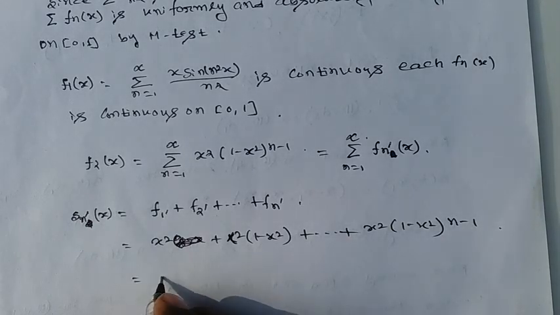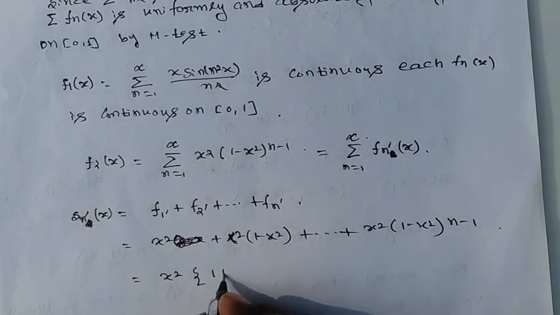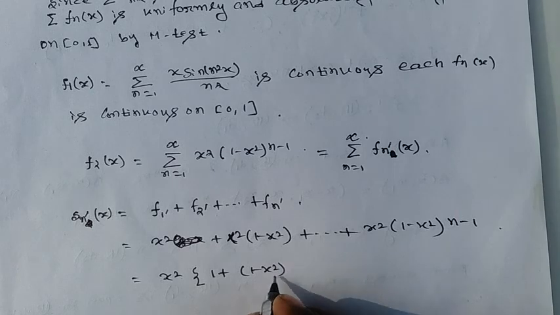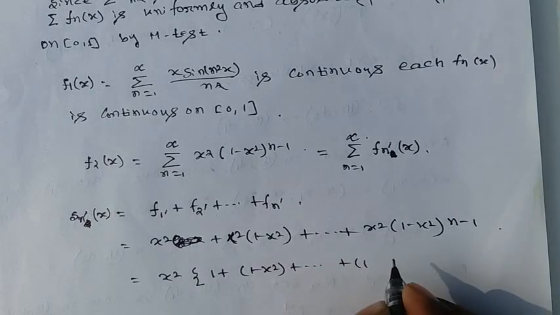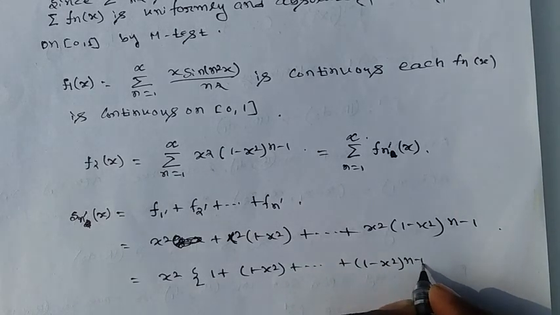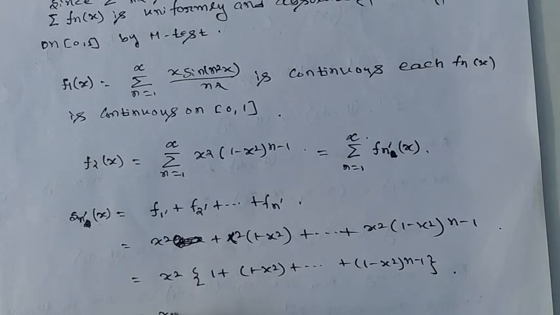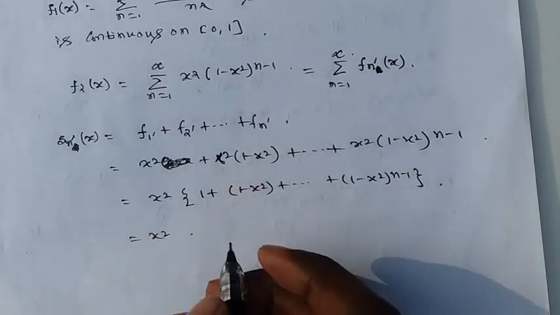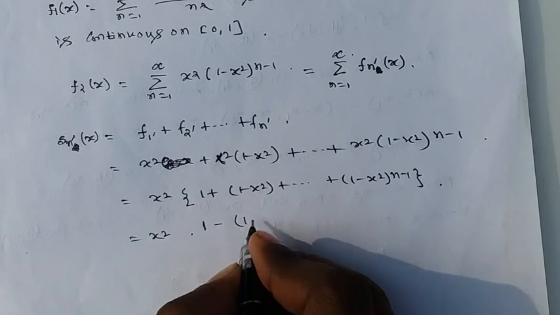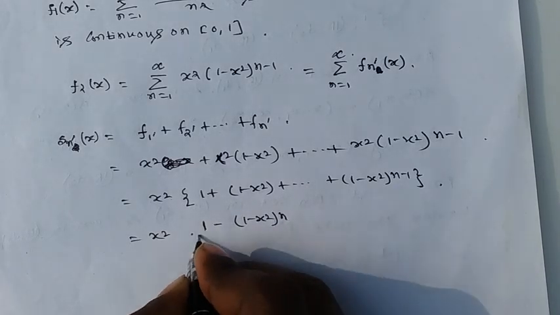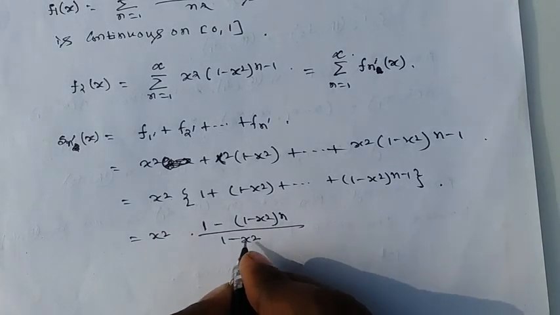This can be written as x squared times (1 plus (1 minus x squared) and so on up to (1 minus x squared) to the power n minus 1), and so this can be written as 1 minus (1 minus x squared) to the power n.